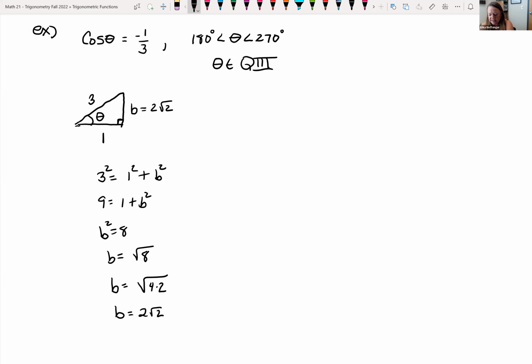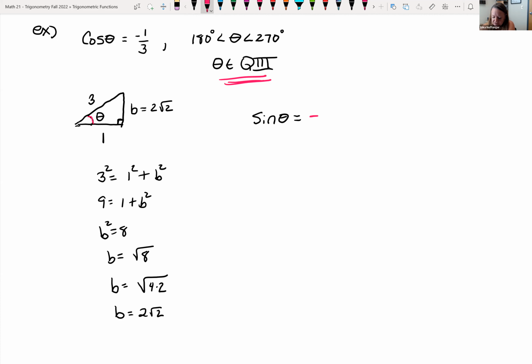So knowing that, I can now use my ratio of sides of the right triangle for theta to figure out my remaining trigonometric functions, and then just be cautious of which quadrant I'm in and if the trigonometric function is positive or negative. So sine theta, I know it's negative in quadrant 3. So this is equal to negative.